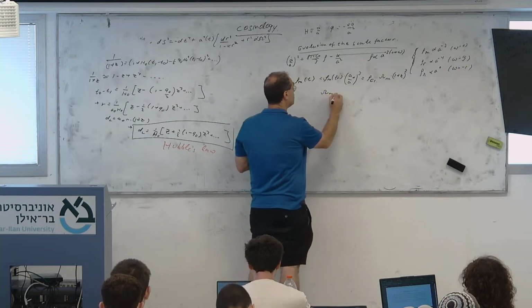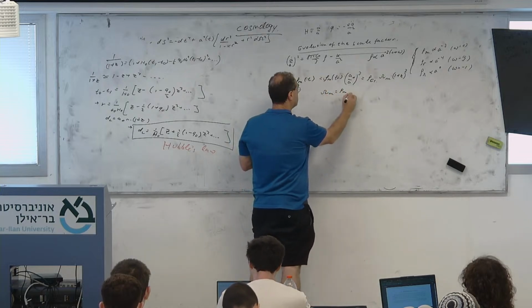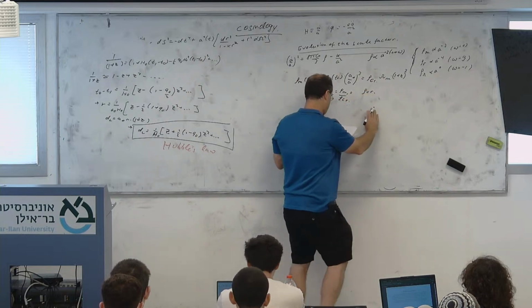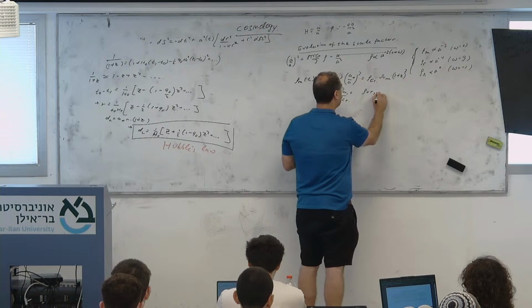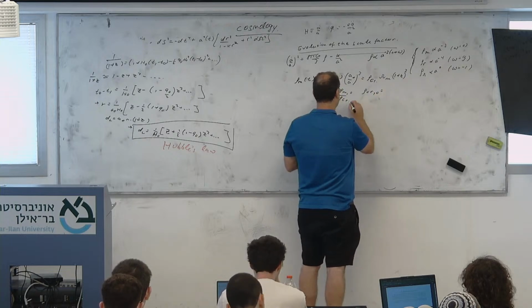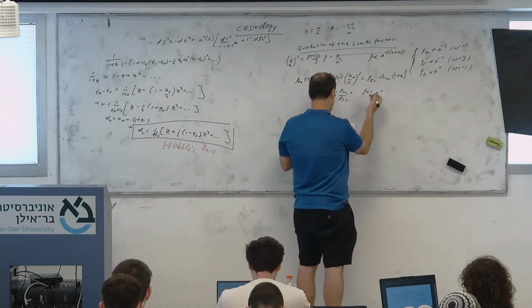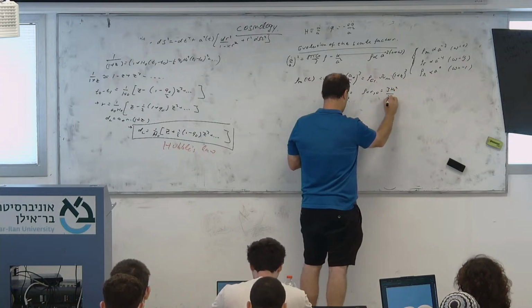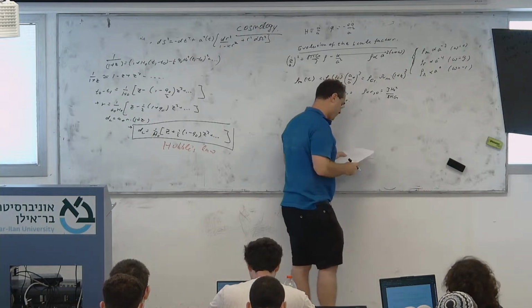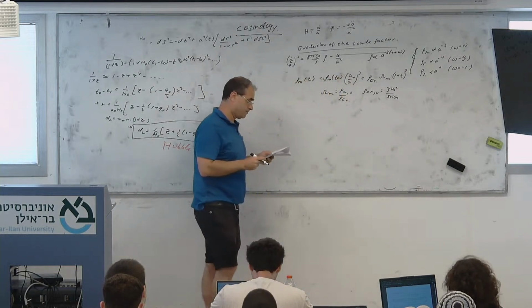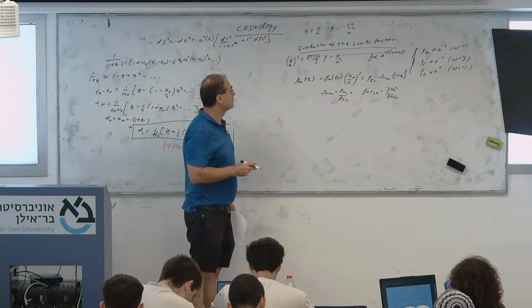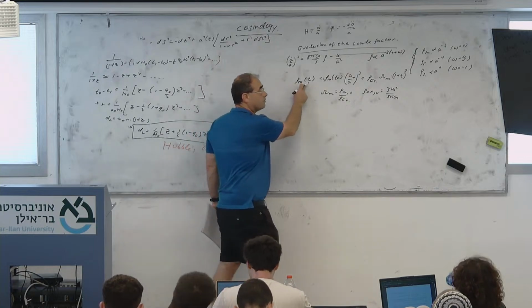Omega matter is rho matter today over rho critical, and rho critical today is 3 H0 squared over 8 pi G. Is it at time t, right? Rho m at time t.